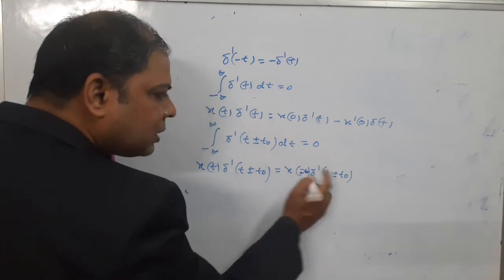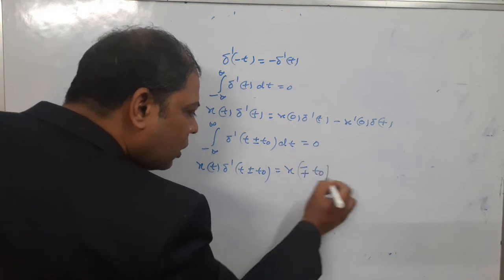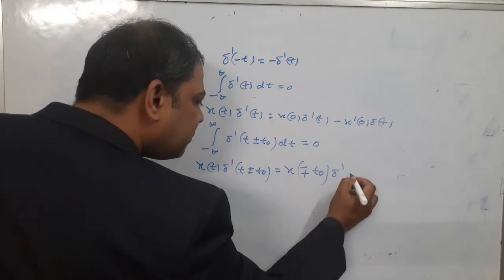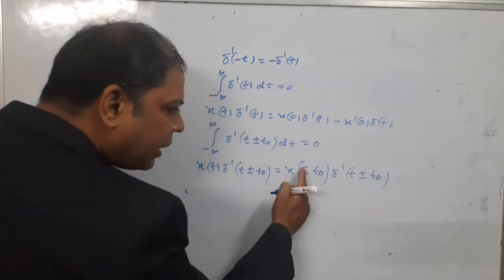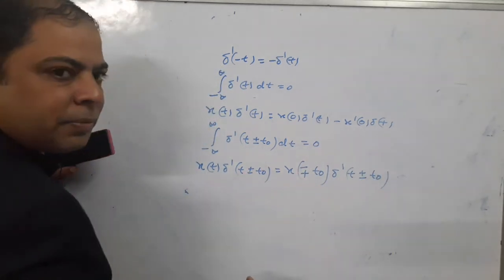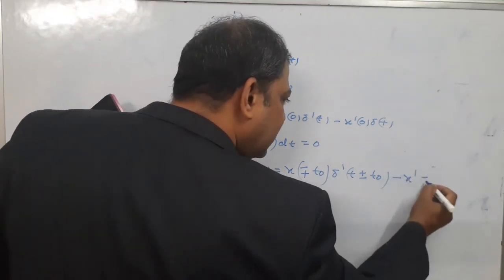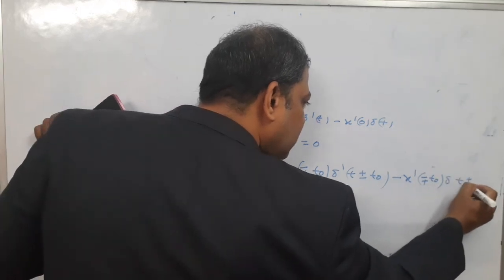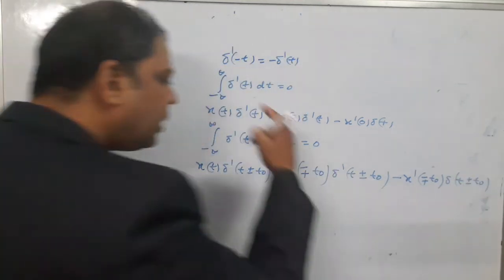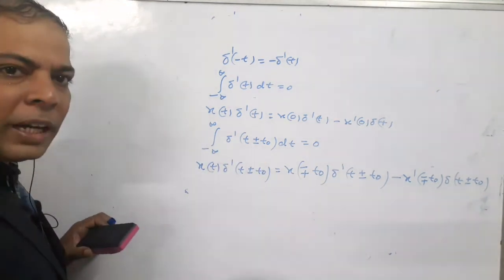Because if you take plus, it is minus. If you take minus, it is plus. I have discussed minus x dash minus or plus t0, then del t plus or minus t0. ये प्रॉपर्टी डायरेक्टली मैंने कंबाइन लिख दी, प्लस के लिए माइनस के लिए. समझ में आ रहा है कि नहीं?